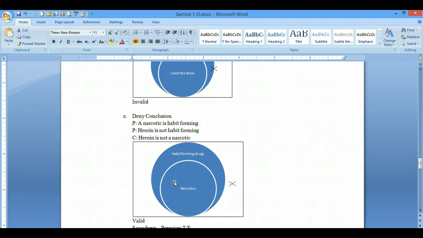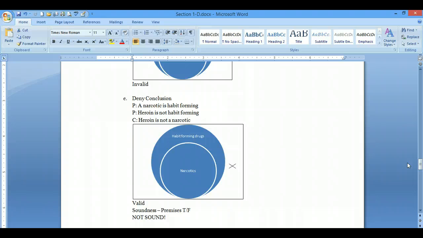So my argument definitively put heroin outside of the habit forming drugs, which means it can't even be anywhere near the narcotic circle. Yes, this is a valid argument. It stated that heroin is not habit forming, and it led us definitively to the conclusion that heroin is not a narcotic. It is valid. Now that we know that it's valid, is it sound? This is not a sound argument.